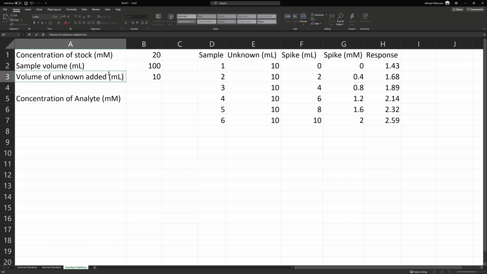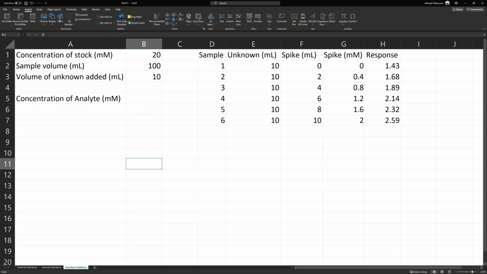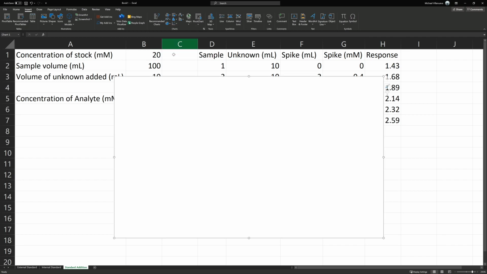Awesome. Let's create our scatter plot. So insert chart, scatter plot.